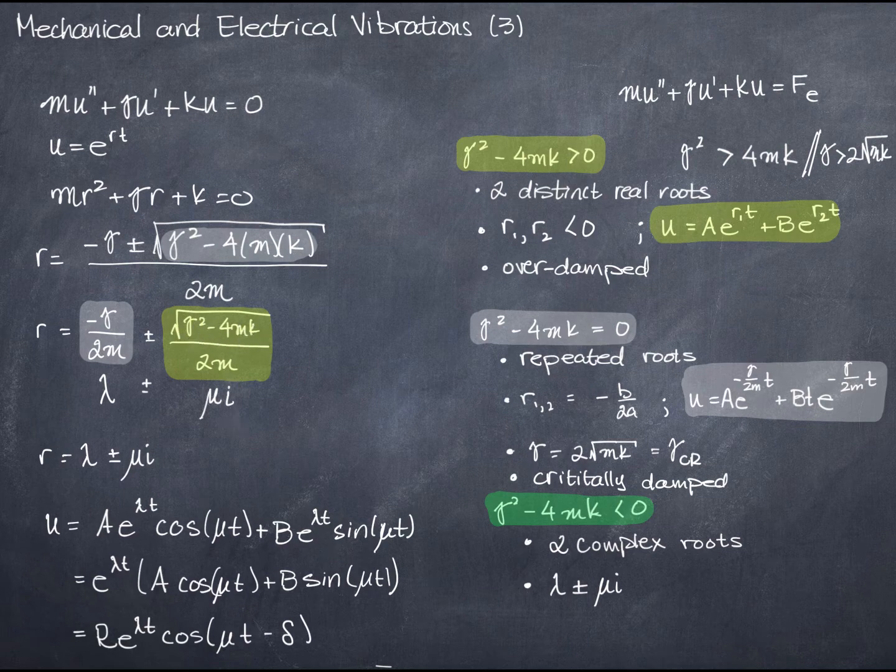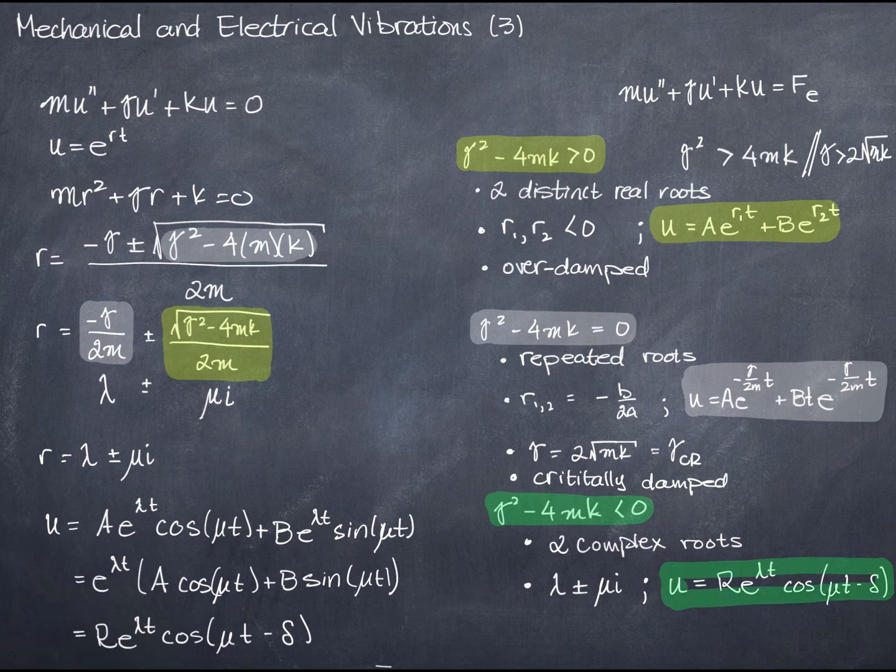So we need to figure out what those are, and this is just sort of shorthand. And we have our solutions, u, in the form r e^(lambda t) times the cosine of (mu t minus delta). This is the same form of a solution as we came up with in the undamped system. That's kind of interesting.